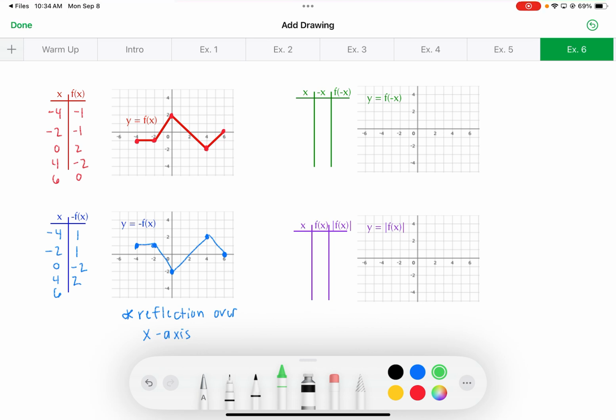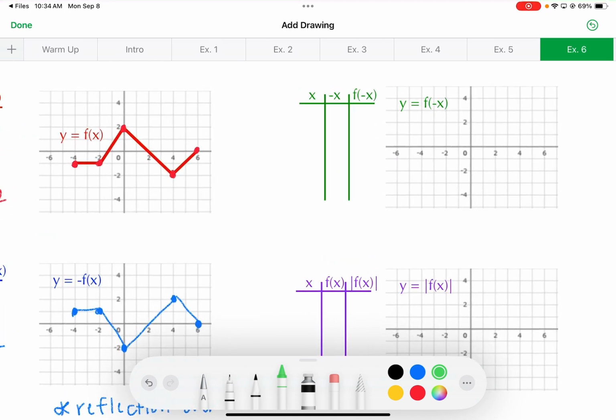All right, now this next one is a little tricky. Let's go to the one up in green. We want to graph f of negative x. Okay? Well, I know here the input of this function is now negative x, and I know if I can get negative x to be the inputs of the original function that's in red, I can get the same outputs as red.